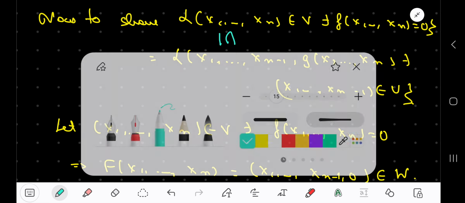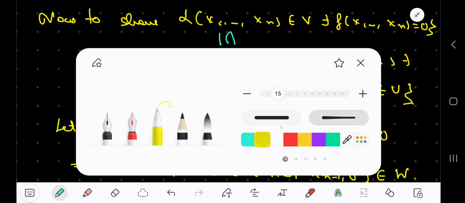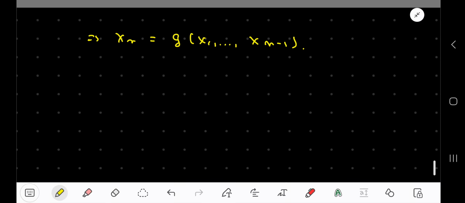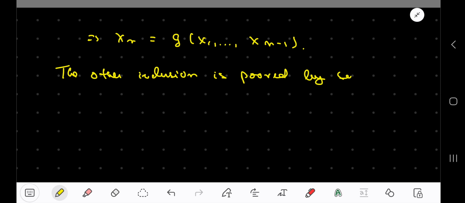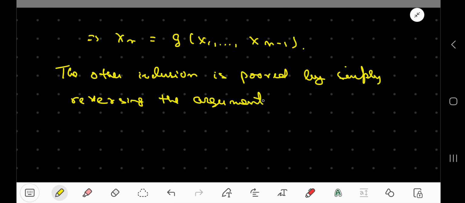And the other inclusion is proved by simply reversing the argument. And we are done.